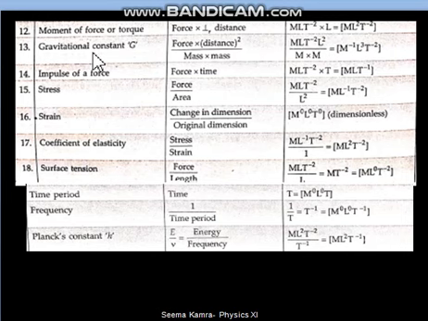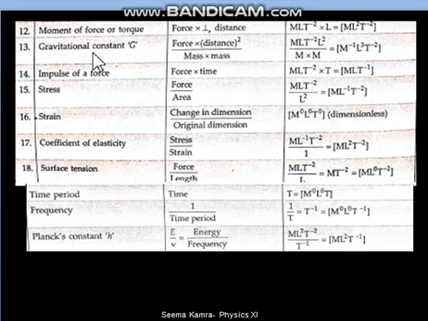Next is, let us practice an important constant here, gravitational constant. Now see, all the constants are not unitless. Some constants have a unit also, and if they have a unit, that means they have a dimensional formula also. Like if you remember the pi symbol, we ignored it.